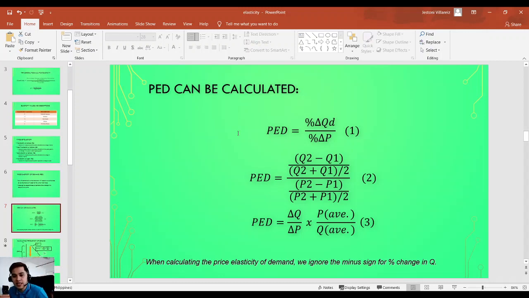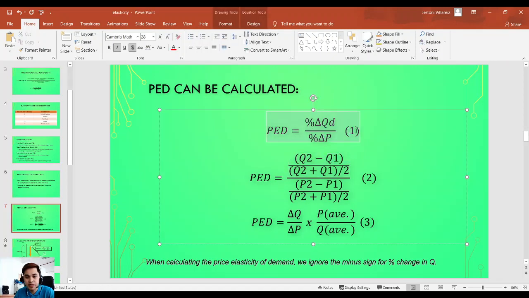So PED is equals to the percentage change in quantity demanded over the percentage change in P. Now this is the general formula. How about if percentage changes are not given in the scenario or situation?